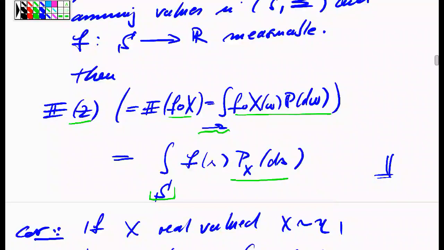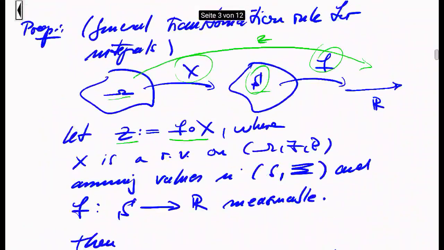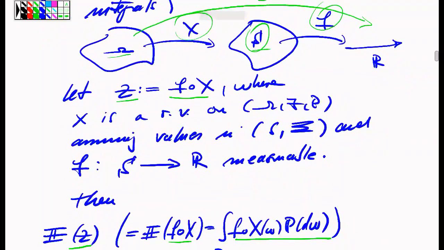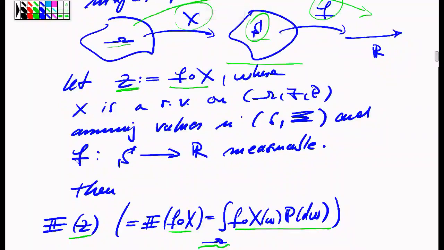It says that if you have a combined random variable which is obtained as an abstract random variable which maps into an abstract space S, and if this abstract random variable is then converted by another function into a real valued random variable, then the expectation of this combined random variable can be computed by performing an integral on the intermediate space, where on the intermediate space you have to use a specific measure, namely the law of the random variable x.